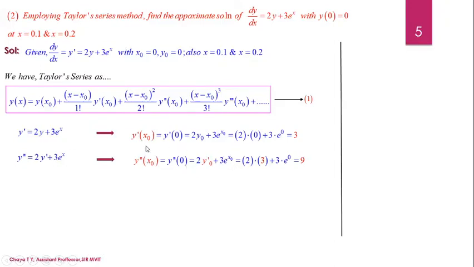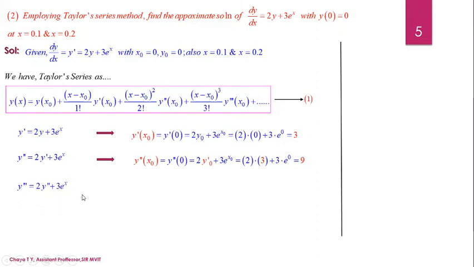So 2 into y naught dash, which is nothing but the value of y dash at the point x is equals to 0, plus 3 into e power x naught. So I have it as 2 into y naught dash is from the previous step, which is 3, plus 3 into e power 0 is 1. So finally I am going to get it as 2 into 3 is 6, 6 plus 3 is 9.